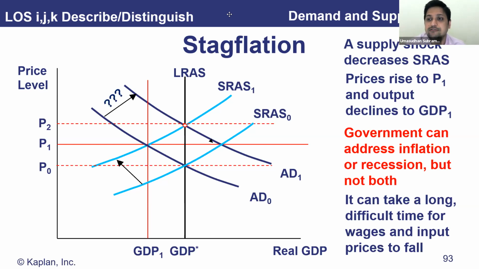GDP dropped, countries went into deep recession. That is stagflation. See, a supply shock decreases short-run aggregate supply, prices rise to P1, output declines to GDP1. Government can address inflation or recession, but not both. It can take a long time to bring the economy back to equilibrium.